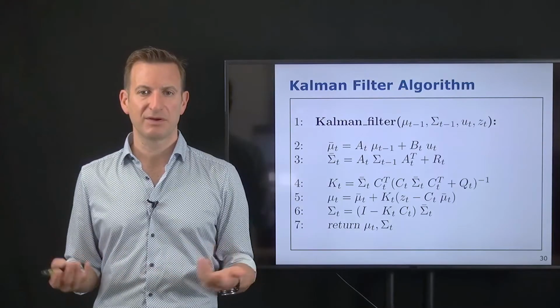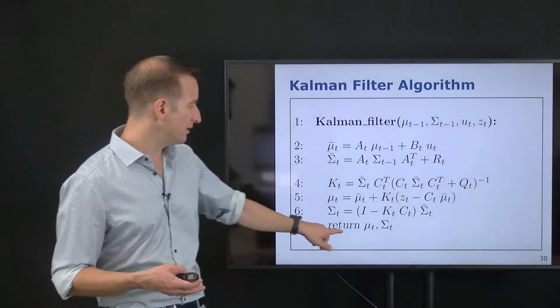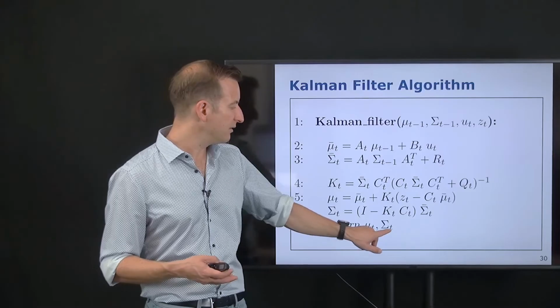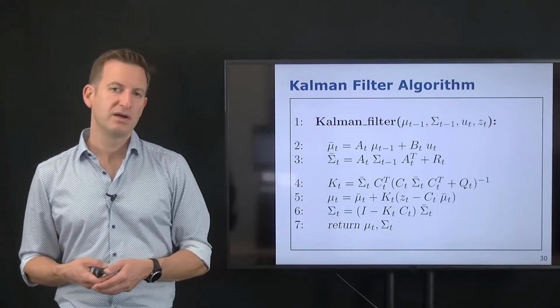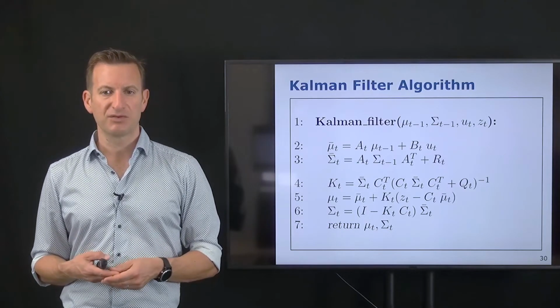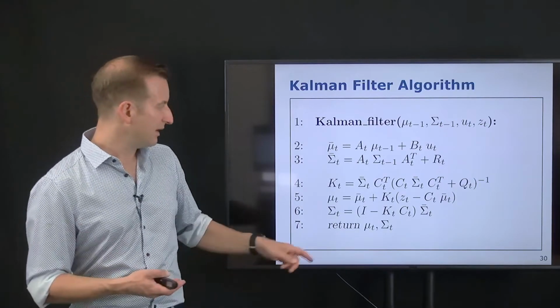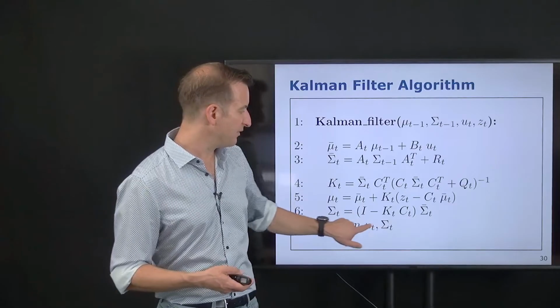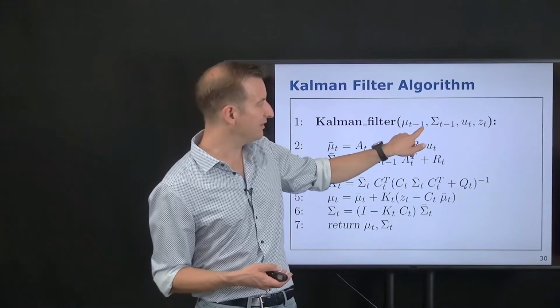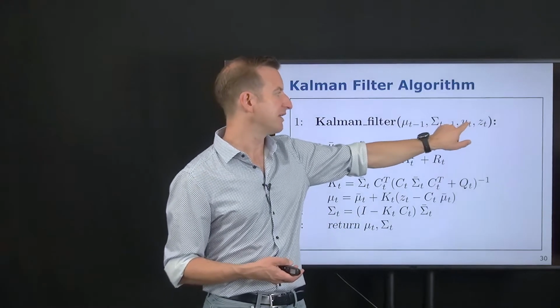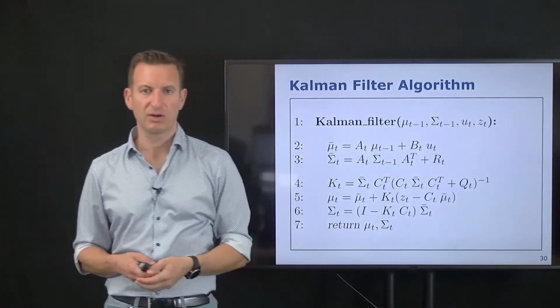And then as the last step, I return the updated mean and the updated covariance matrix, now representing the Gaussian distribution at time t, so the updated belief. In the next step, this information would be fed in again into the Kalman filter, taking then u_t+1 and z_t+1 into account.